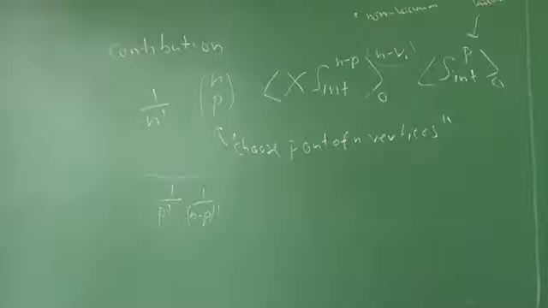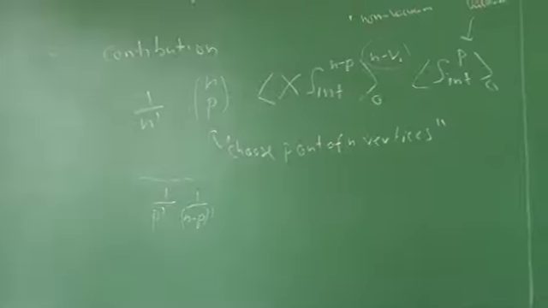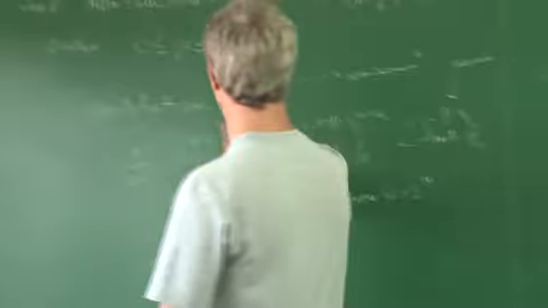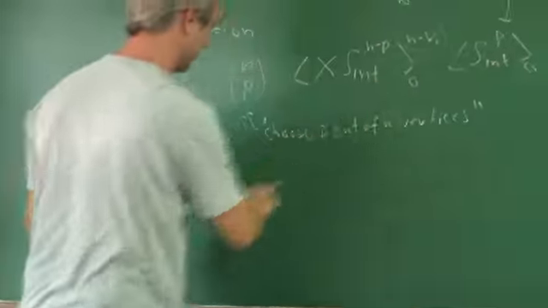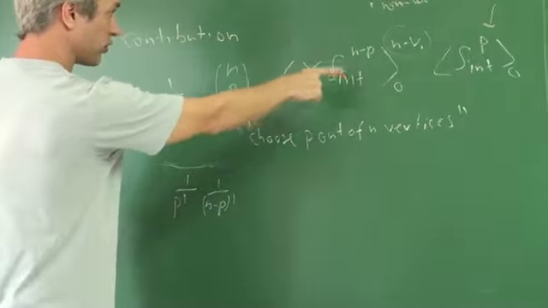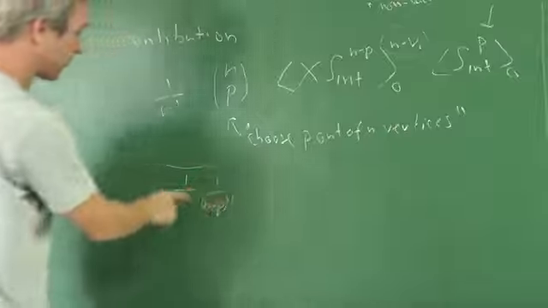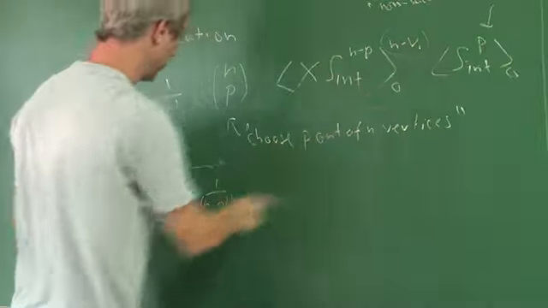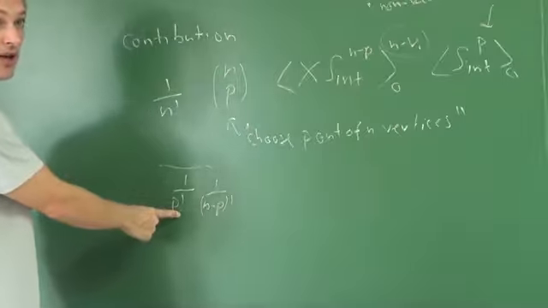So now if we return here to the denominator, what we will have is a sum over n and a sum over p, with each contribution we can write in this form. Okay? So we see we have a product of two terms. We have an n minus p term with a prefactor 1 over n minus p factorial, and we have this term with a p factorial. And we have a sum over n and over p.